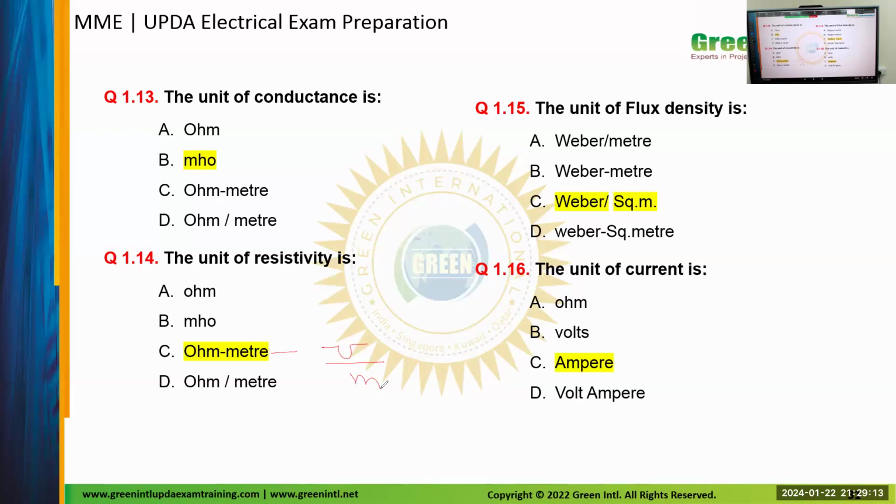Rho is equal to ohm meter. Sigma is equal to 1 by rho, which is equal to 1 by ohm meter, which is 1 by ohm, 1 by meter. 1 by ohm we call mho, so the unit is mho by meter. That's all.